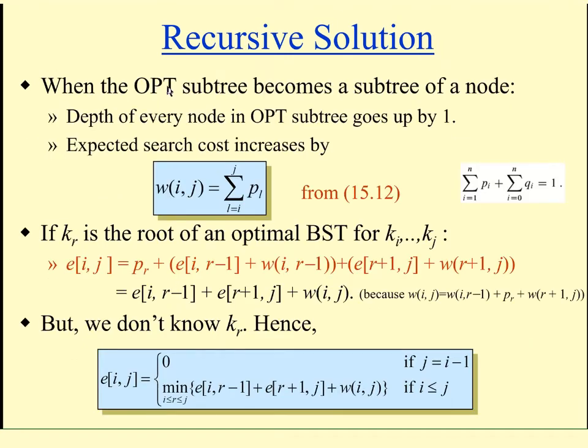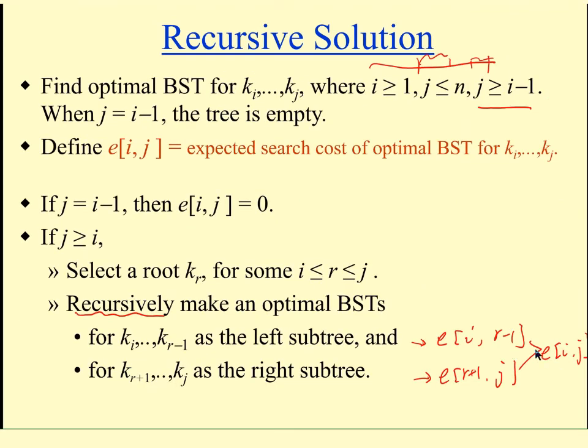If we already found the left and right, we call it the optimal subtree, OPT. If this optimal subtree becomes the subtree of a node, as we drew before, then this one is already solved, and we want to compose the answer from these two.